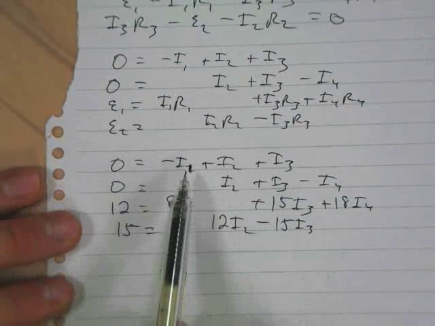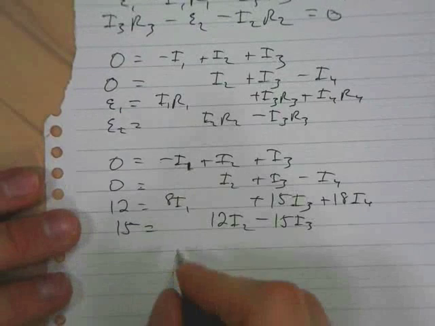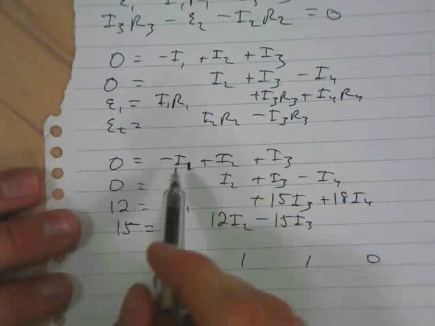What we do is we can write this as a matrix. Just write the coefficients: negative 1, 1, 1, 0 is a 4 by 4, 0, 1, 1, negative 1, 8, 0, 15, 18, 0, 12, minus 15, 0.